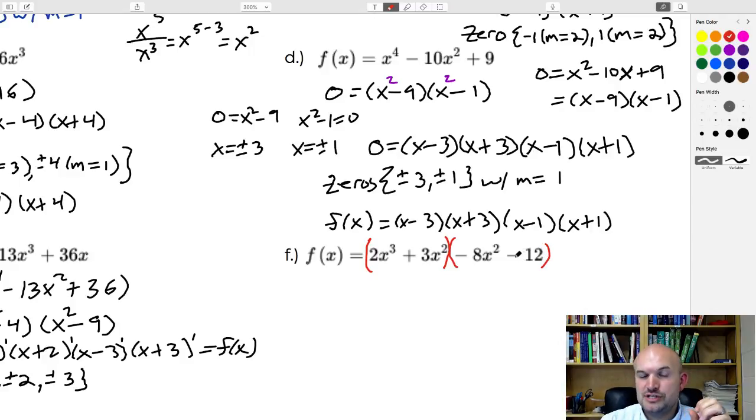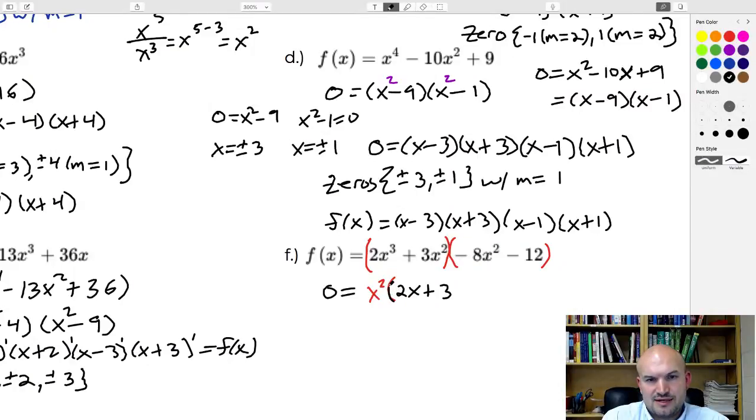And now I'm going to factor out the greatest common factor of each of these groupings. So I'll have 0 equals, now what common factor can I take out of 2x cubed and 3x squared? Well, I can take out an x squared, so it'd be x squared, and then I'll be left with 2x plus 3.